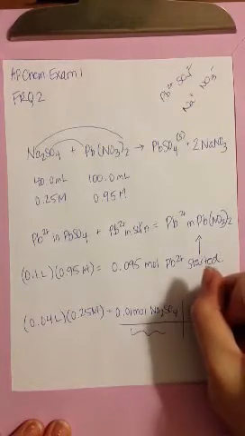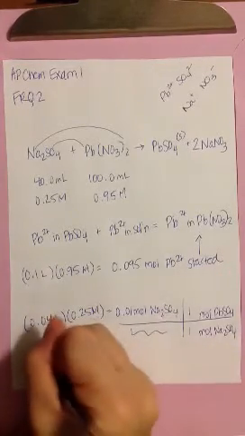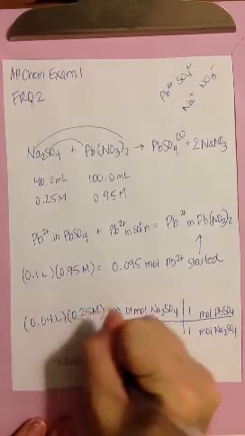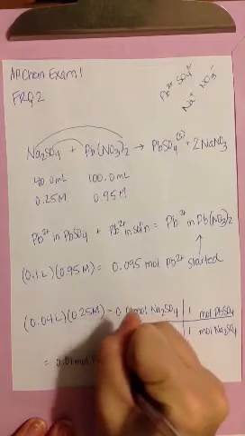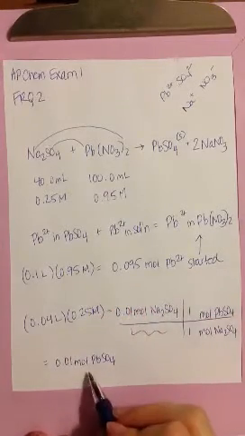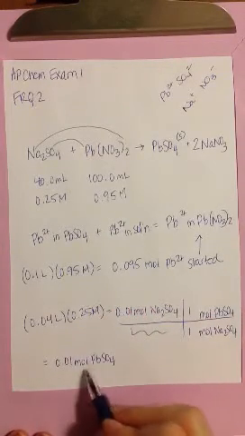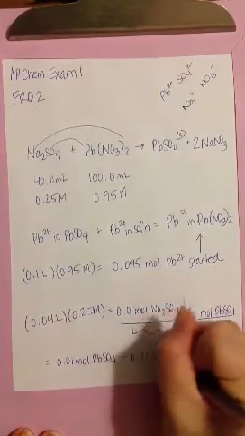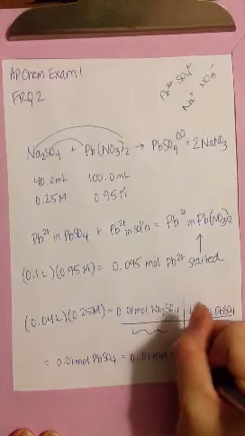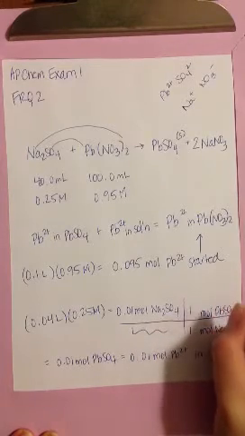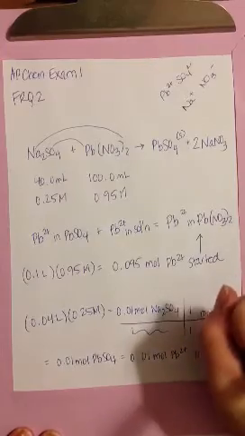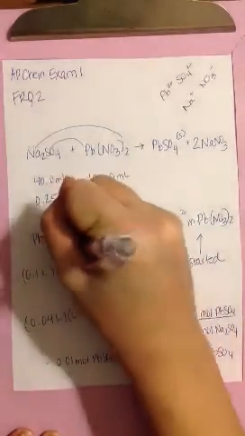And they're in a 1-to-1 ratio, so this also equals 0.01 moles of PbSO4. Now I know for every 1 mole of PbSO4, I also have 1 mole of Pb. So it also equals 0.01 moles of Pb2+ in PbSO4. So I'm going to draw this arrow right over here.